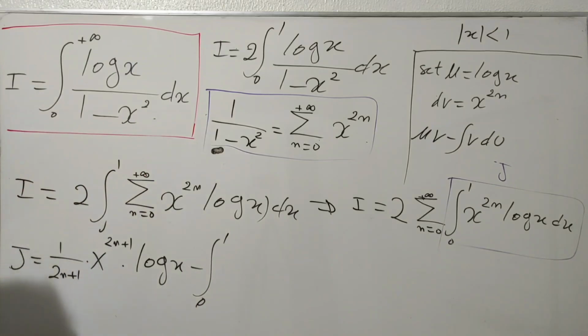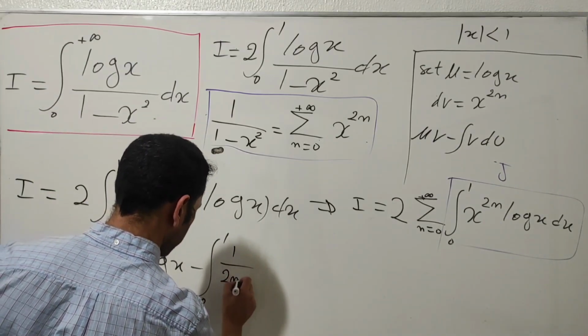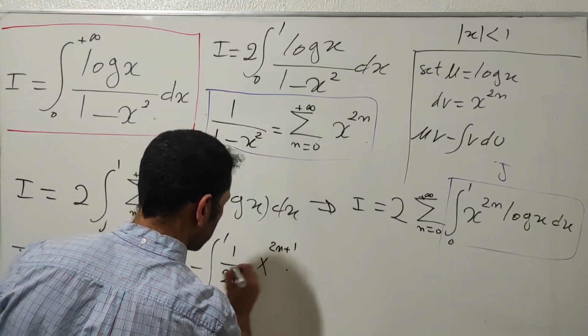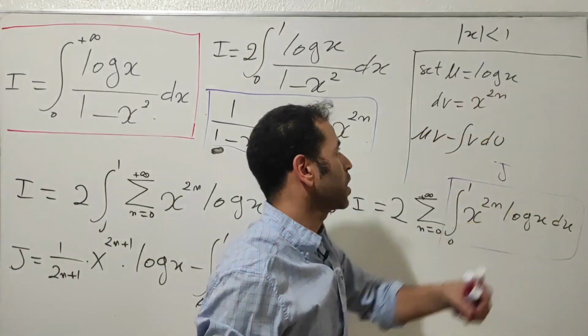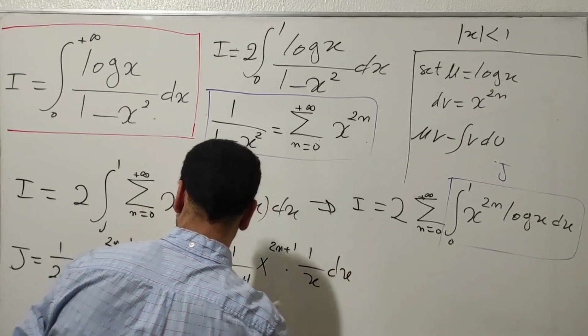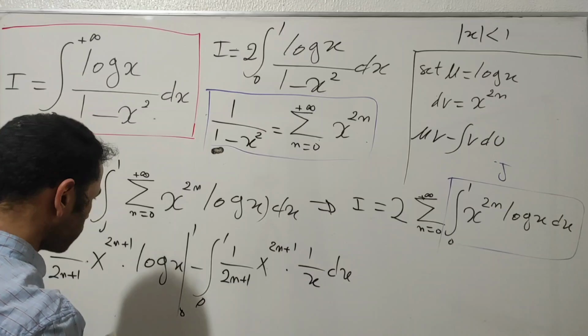Looking for the primitive of dv, I get 1 over 2n plus 1 of x to the 2n plus 1. Taking the derivative of log of x, I get 1 over x dx. This one is evaluated from 0 to 1.